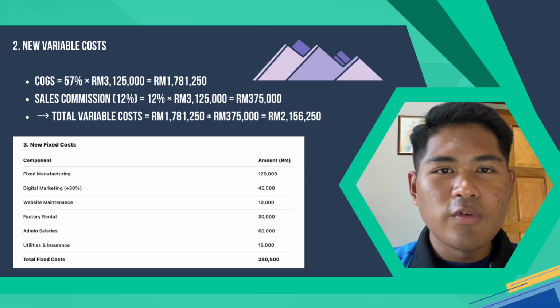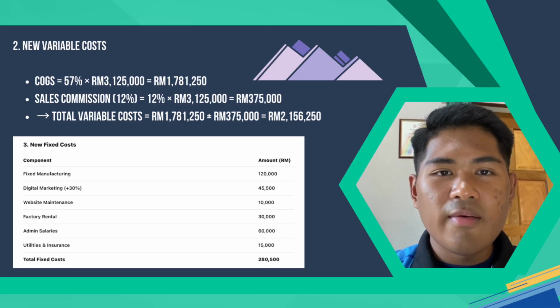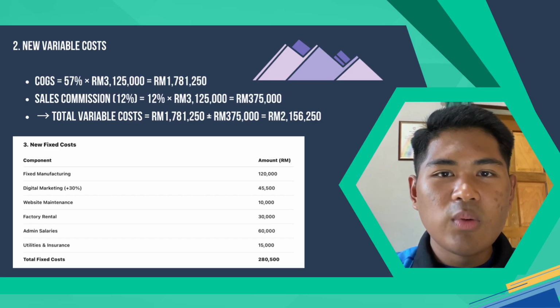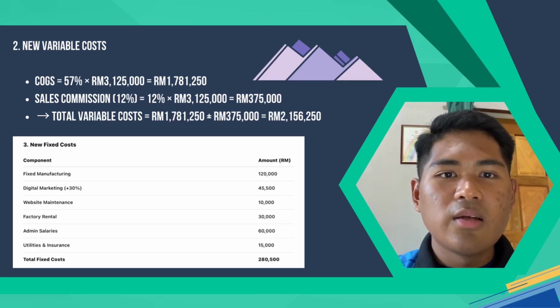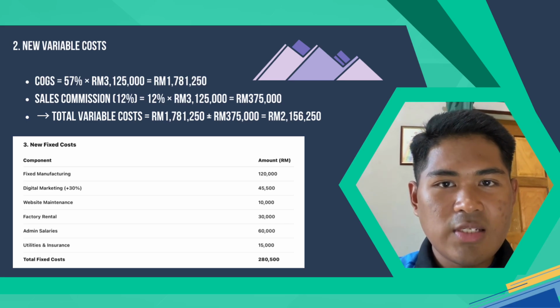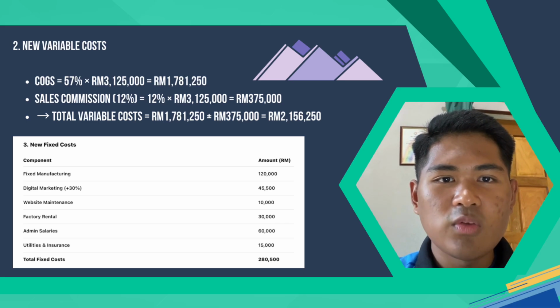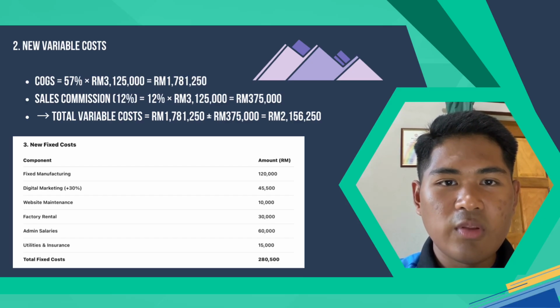Next is new variable cost. COGS equals 57% times RM3,125,000 equals RM1,781,215. And then sales commission is 12%, equal to 12% times RM3,125,000 equals RM375,000.